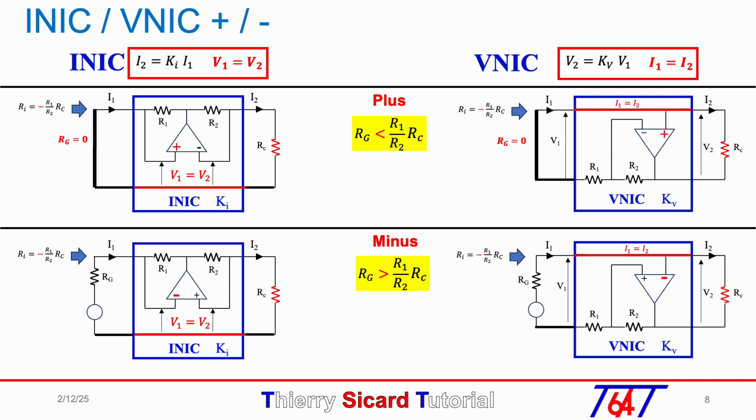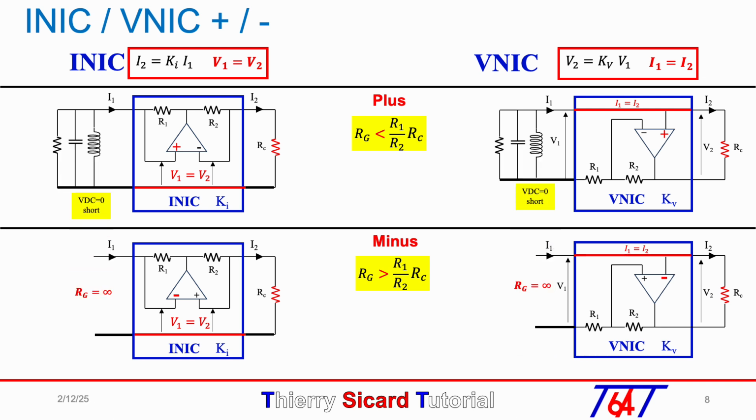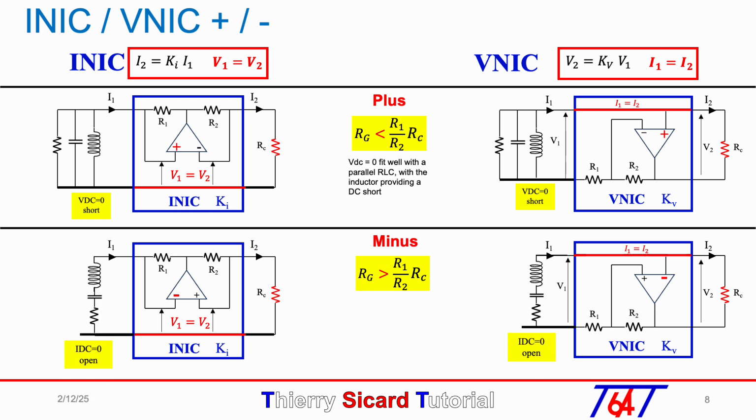This means that Rg can have an infinite value, meaning open, as shown. So the NIC plus fits perfectly with the parallel RLC oscillator because the coil provides a DC short. In the opposite case, the NIC minus fits perfectly with the serial RLC because the capacitor provides an open DC.